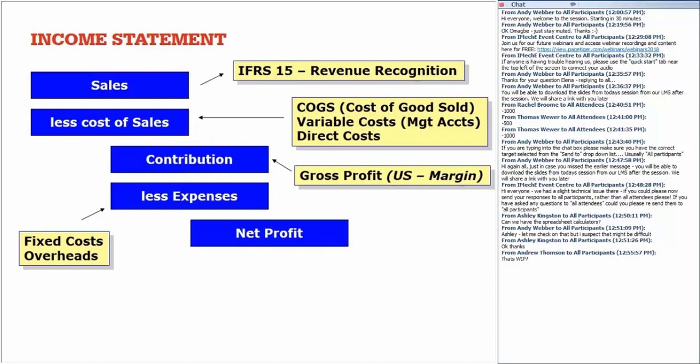And it's a little bit too complex to go into right now, but basically, going back to what Andrew was asking, work in progress, you have to add some of the costs of producing the work in progress, and those costs will come off your overheads. So you can't claim them this year. They get added to the value of the stock and become an asset.